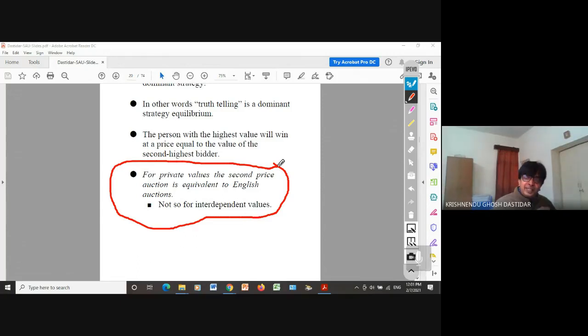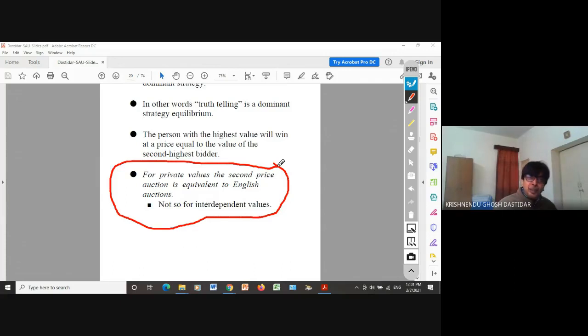So when the price reaches your value, you should drop off because your payoff is value minus the price you pay. In case you win, if the price exceeds your value, you'll get a negative payoff, so you don't want that. So in an English auction with private values, a bidder will drop off when the price reaches his value.